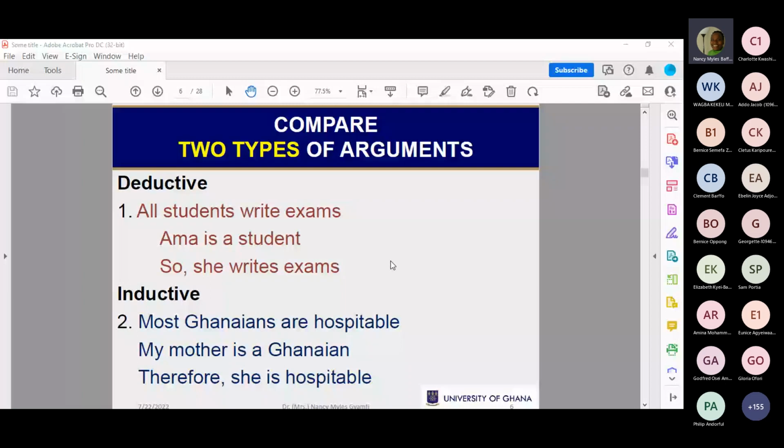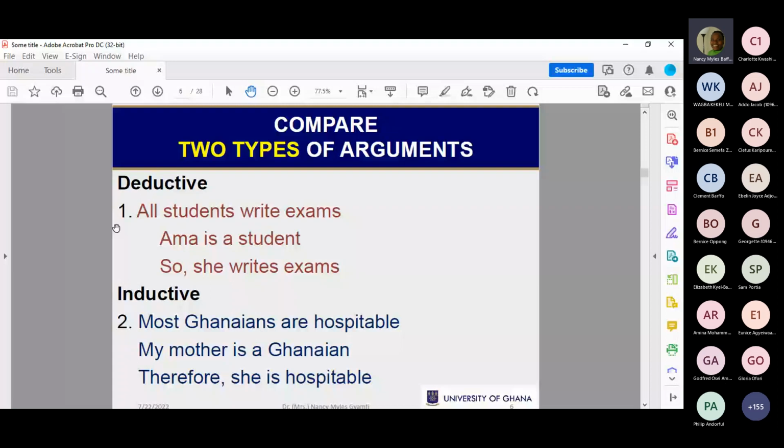You could have an argument being valid, which means it's deductive and the deduction was correctly done. So it's valid. It doesn't mean it is necessarily true. Sometimes people even deduce wrongly. We'll see that also. So deductions that are valid are not even talking about what? Truth. Now, if you got that, then you can see why on the screen now, this first example is valid.